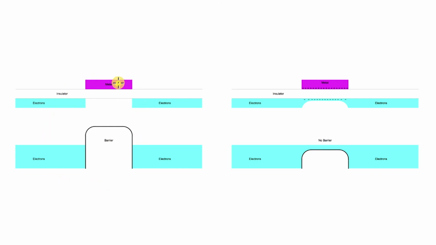This left-hand picture shows the structure that we just saw with no voltage on this purple region. Therefore, there's this energy barrier which prevents the region on the left from transporting electrons over to the region on the right. But we all learned in grade school that unlike charges attract.